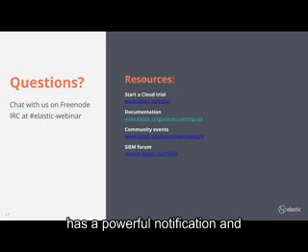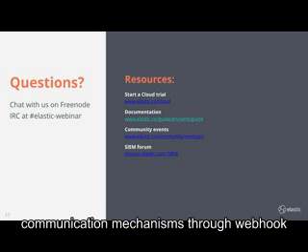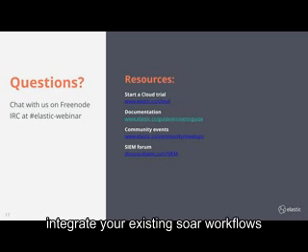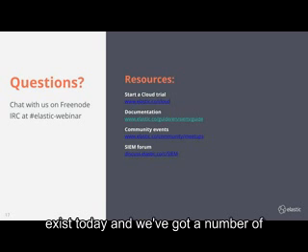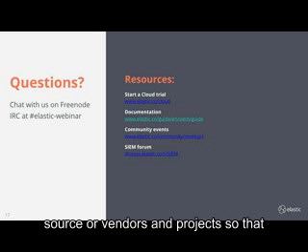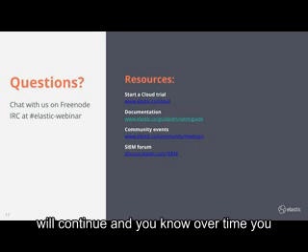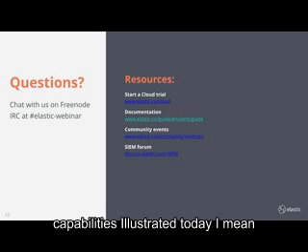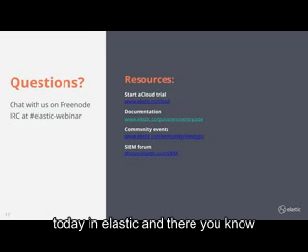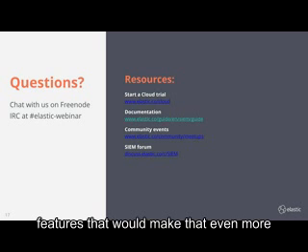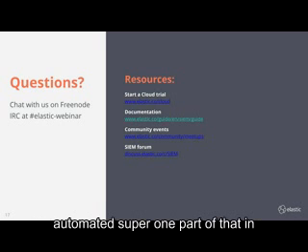Watcher has powerful notification and communication mechanisms through webhook APIs and others. So the ability to integrate your existing SOAR workflows exists today. We've got a number of integrations with commercial and open source SOAR vendors and projects, and that will continue. Some of the basic capabilities exist today in Elastic, and there could be additional future features that would make that even more automated.